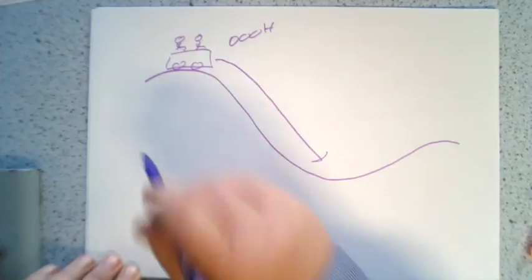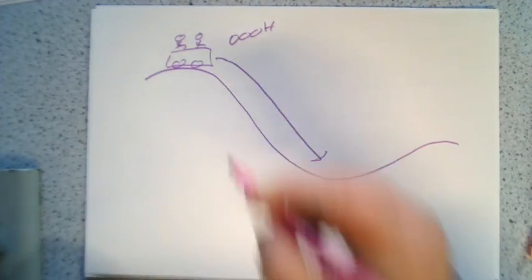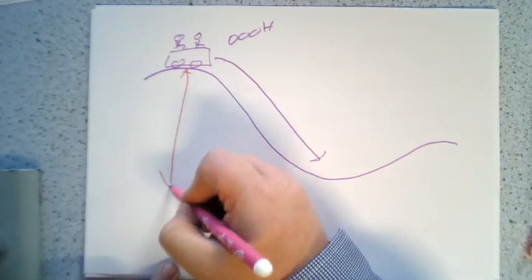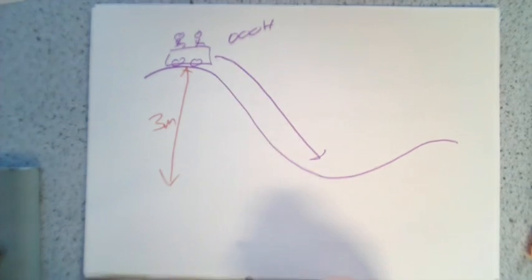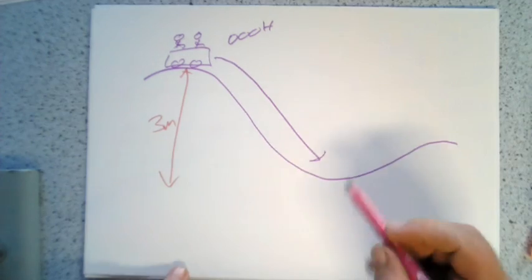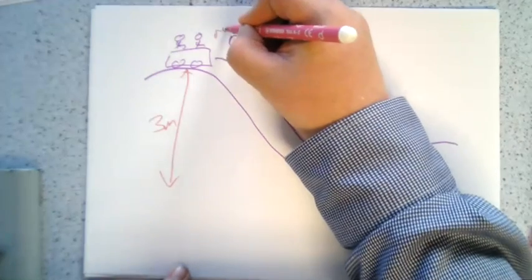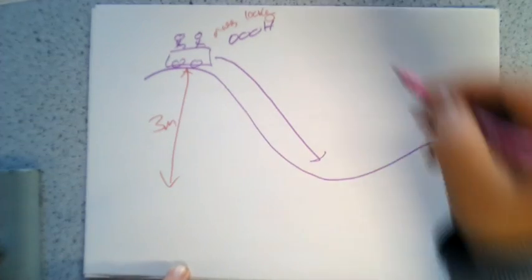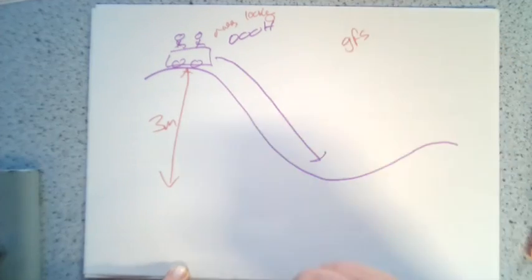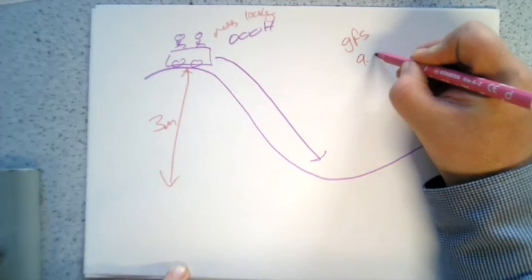Now, I could say to you that the starting height is 3 meters. That's 3 meters above ground. The mass is 1,000 kilograms, and the gravitational field strength of planet Earth is 9.8.